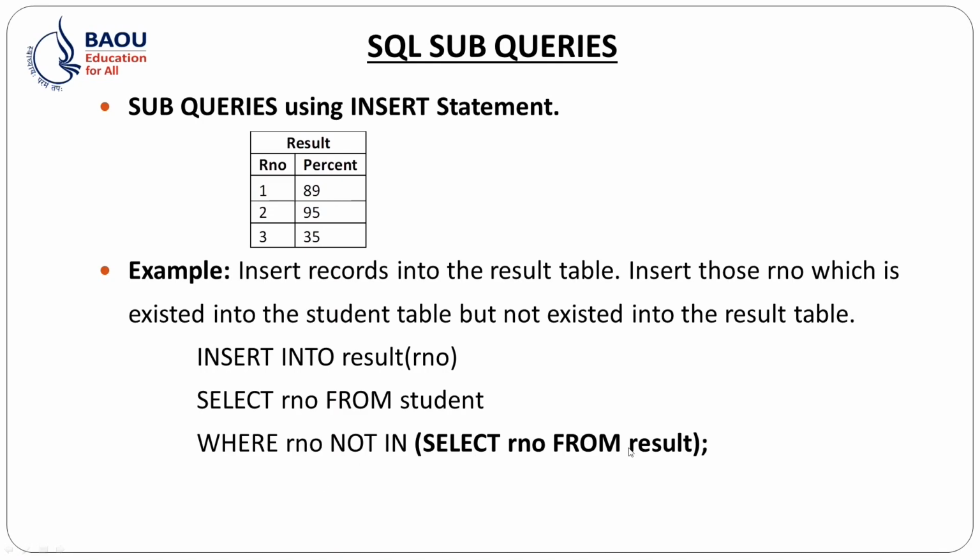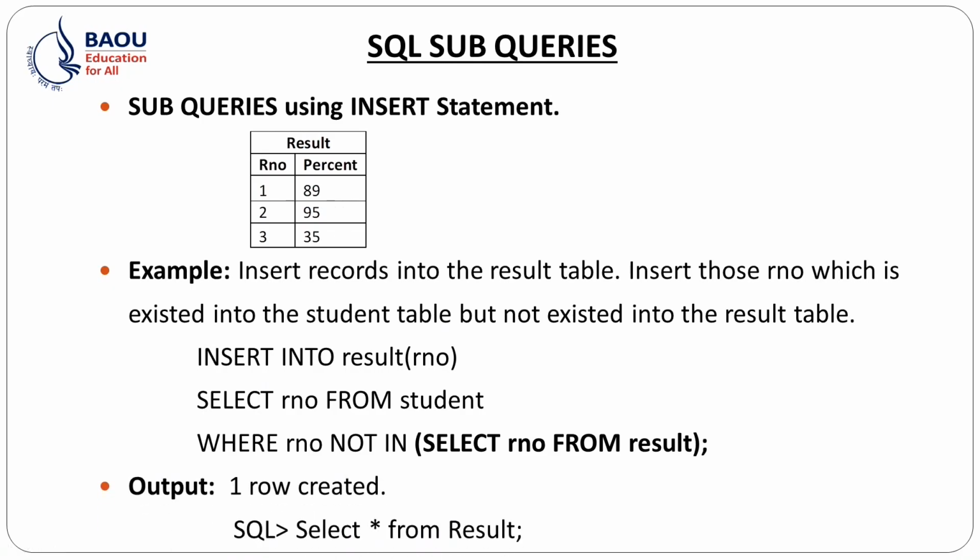from result. In this query, the inner query is executed first. The part in the brackets is called the inner query. From the result table the roll numbers are found, and the roll number that does not match is inserted into the result table.